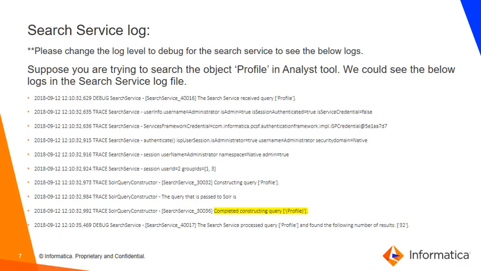Once the validation is done, it starts constructing the query and submits it to the Solr engine. In the highlighted section and above, you see the query that is passed to the Solr engine. It completes the construction of the query and submits it to the Solr engine, and based on that the search service processes the query and shows the results to the user.